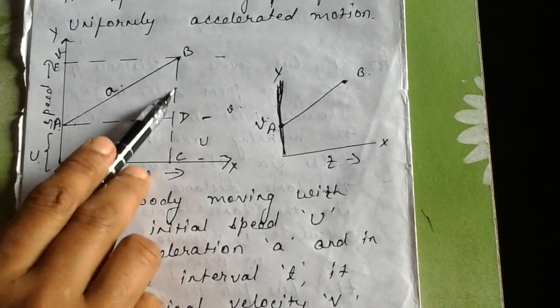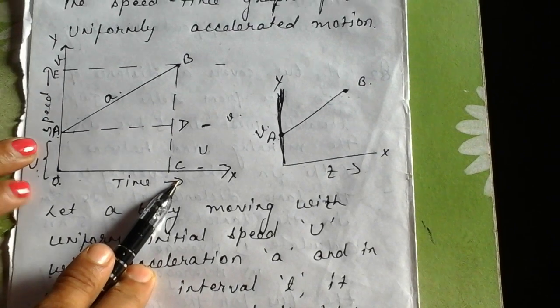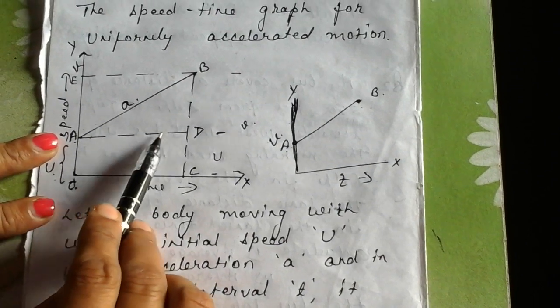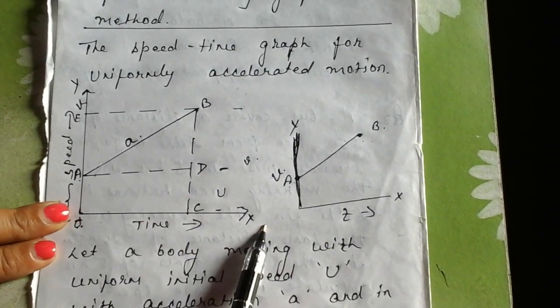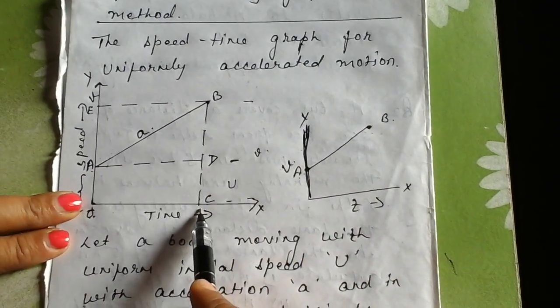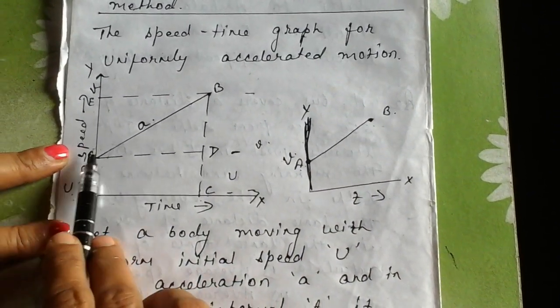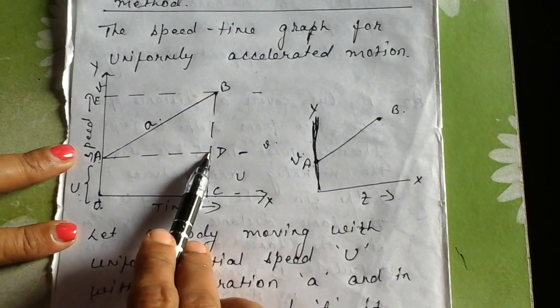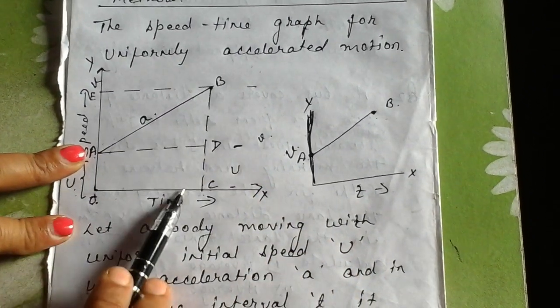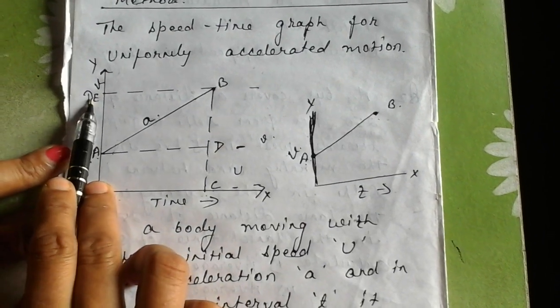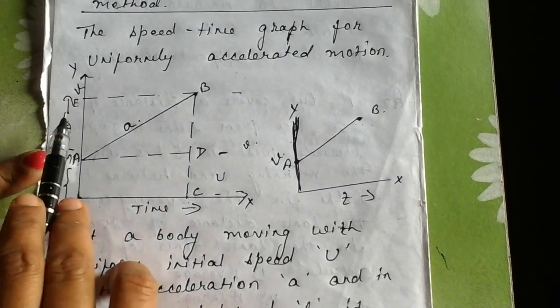Again, I have drawn another perpendicular, AD, on the speed axis. These perpendiculars are drawn to find the relationship of AB with the time axis and the velocity axis.